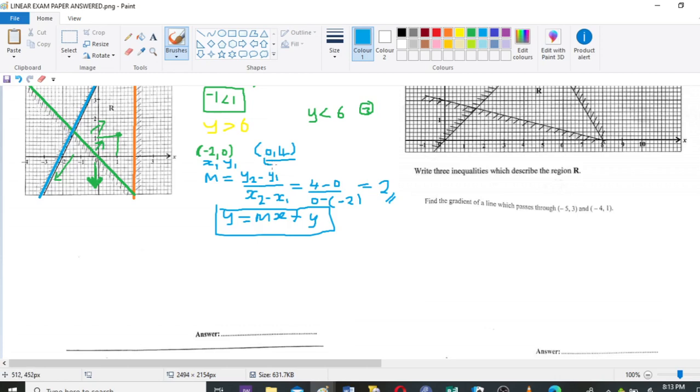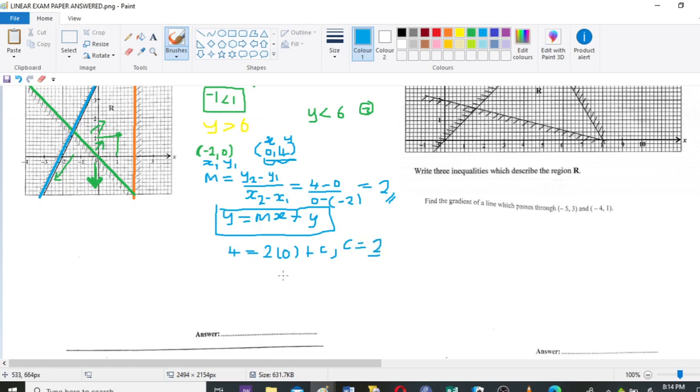We can choose this pair 0, 4, where we have the x value and the y value. You can pick any pair, okay? So the y value that we have is 4, which will be equal to our gradient, which was 2, times our x value in this case, which is 0, plus c, okay? So this is giving us the value of c to be 4, right?